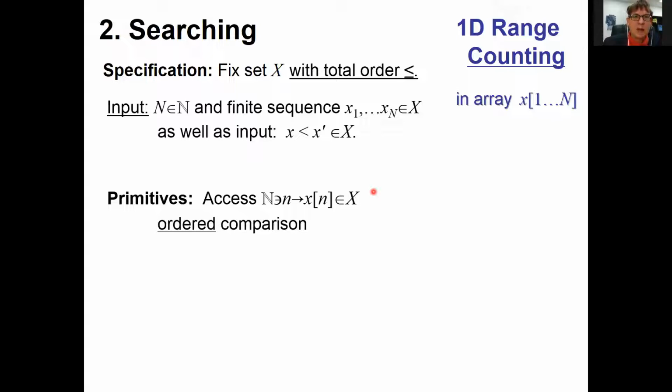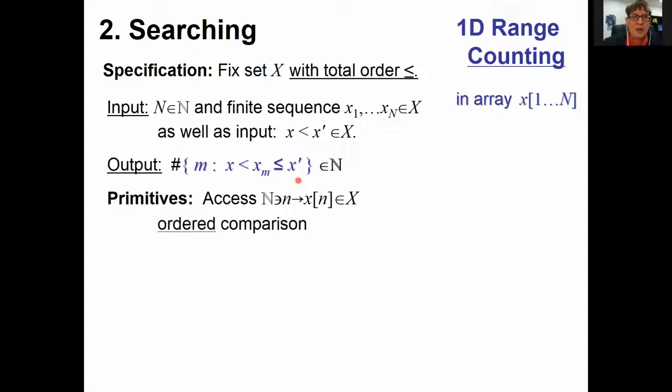So first, the problem specification. One-dimensional range counting is the following problem. We receive, as usual, a finite sequence and 2 inputs, x smaller than x prime. We want to report how many elements are in the range between x and x prime, that is, have value strictly greater than x and less or equal to x prime.